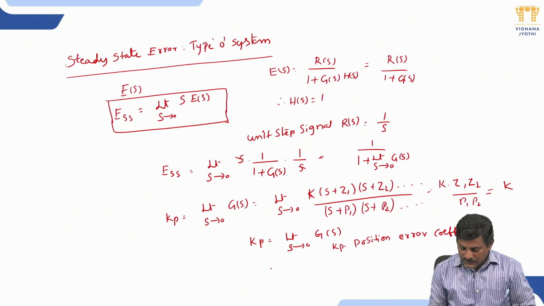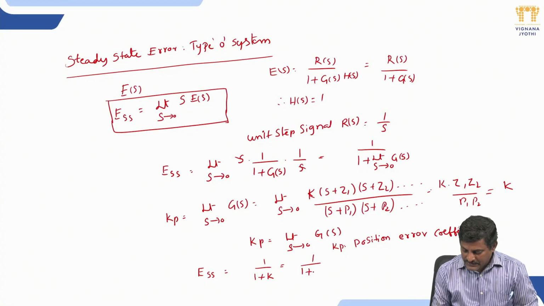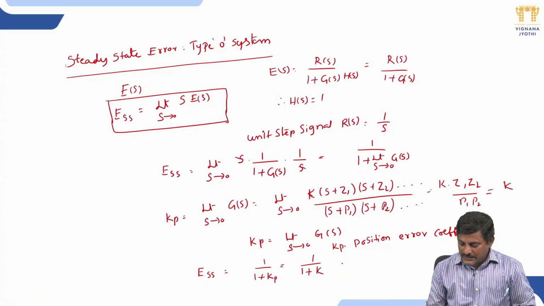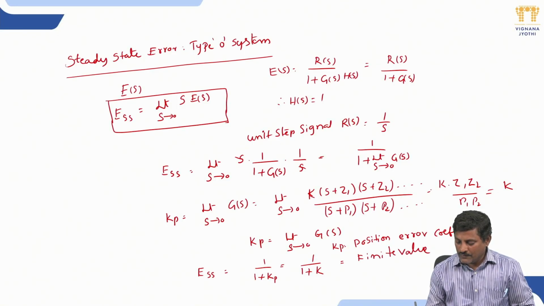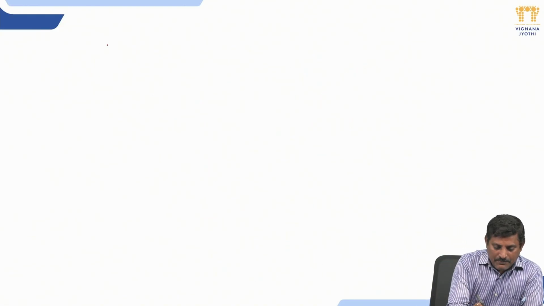Finally, the error ESS is equal to 1 by 1 plus K, that is also equal to 1 by 1 plus Kp. This is Kp, so it is a finite value. Error is a finite value.